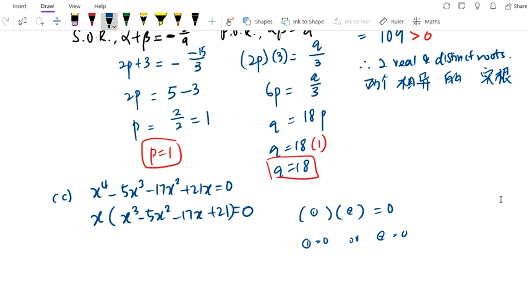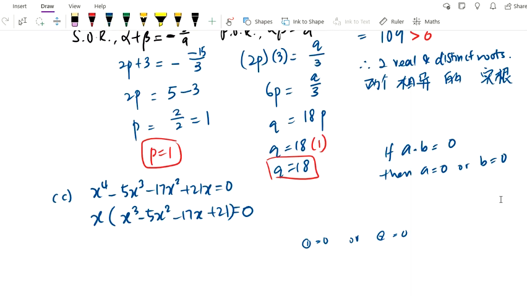It says that if a times b equals 0, then either a equals to 0 or b equals to 0, or both of them equal 0, because the product of 0 with any number is 0. Pretty simple concept. So same thing for this one: this one is equals to 0 or this one is equals to 0.